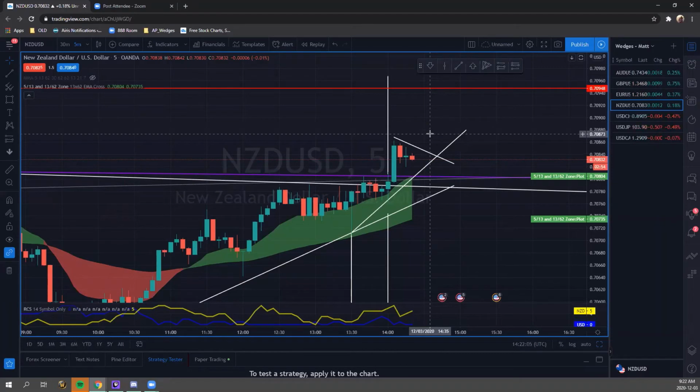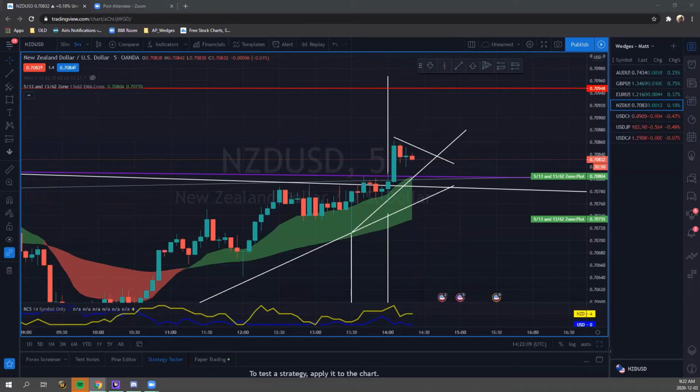And most of the time you see these, when you look at that strong move up, the breakout was all the way from the bottom, pretty much starting right around the 77 area. So basically it went from 77, broke the wedge, came back up to 86, which was about a 9-pip move.